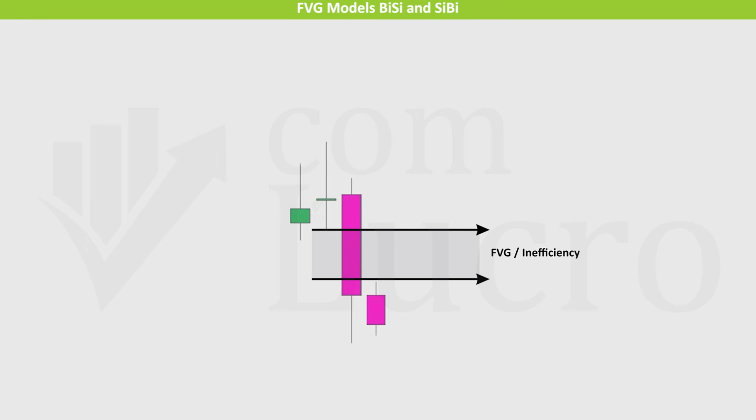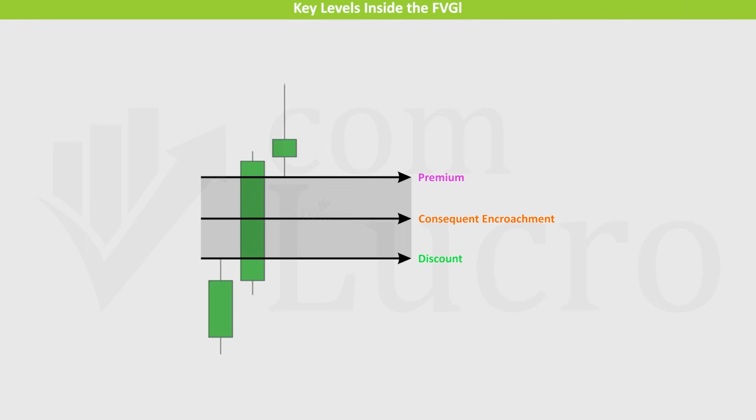The algorithm then works to correct this by offering buy-side delivery to fill in the sell-side inefficiency, just as it does with buy-side inefficiency. There are 3 key levels inside the fair value gap that are important to us. We have premium, which is the high, discount, which is the low, and the midpoint, which is called consequent encroachment. Consider that each level also acts as a strong support or resistance level in the lower time frame.